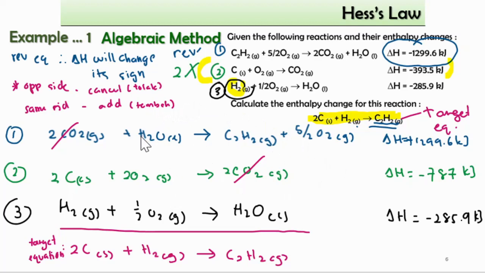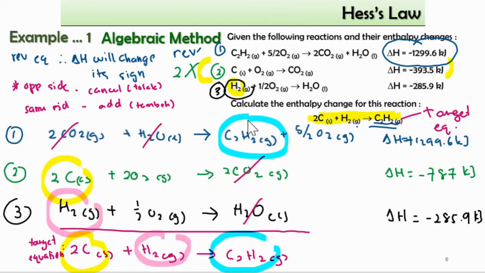Okay, so kita tengok the next one, H2O, 1 mole, tolak 1 mole. Okay, so cancel off. And then untuk yang kita nak, kita kekalkan. Okay, so contoh ini kita highlightkan lah supaya kamu nampak. Okay, so the target equation, kamu jangan kacau. Okay, so cancel off yang lain-lain.